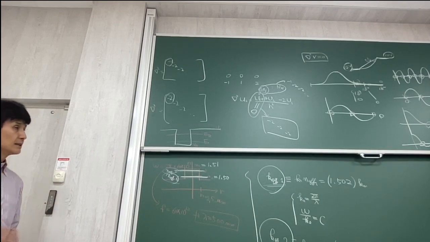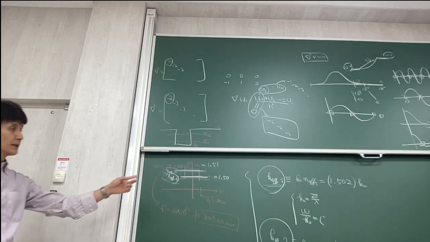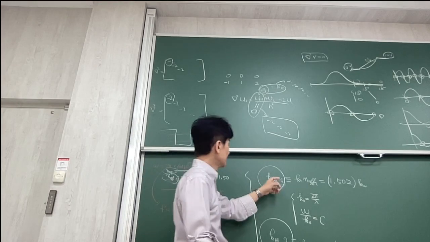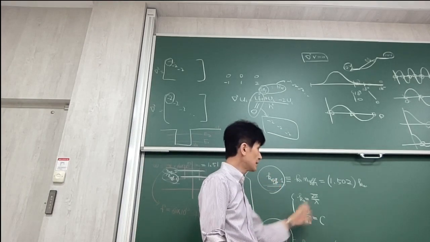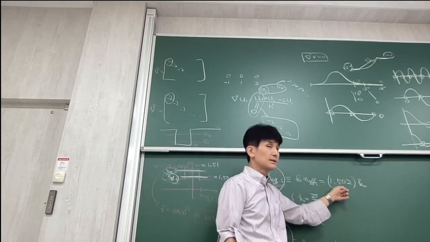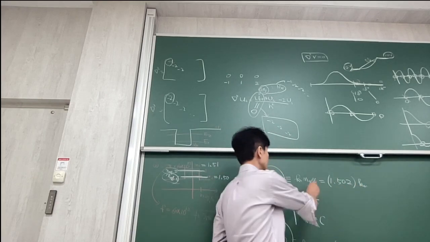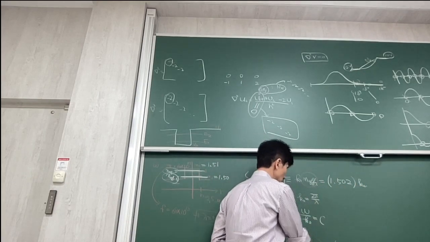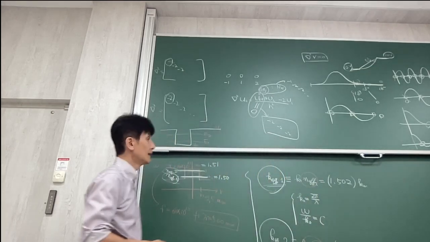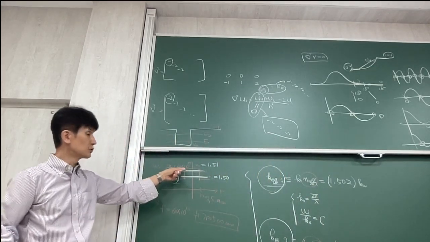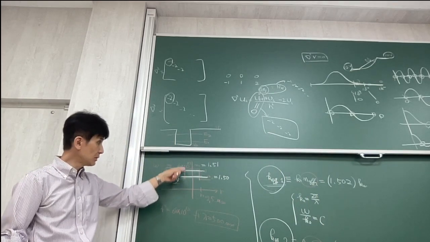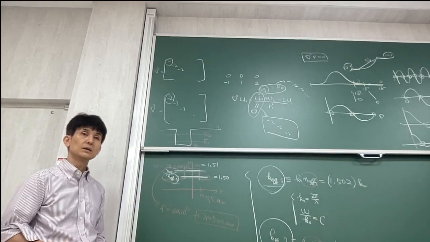Once you obtain K effective squared numerically, we can convert K effective 1 or 2 or 3 in terms of K0 times a constant, and this constant is N effective 1 or N effective 2, and those N effectives should be between these two numbers, N1 and N2.